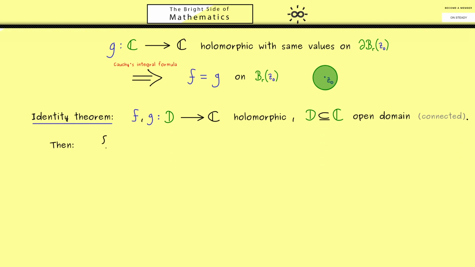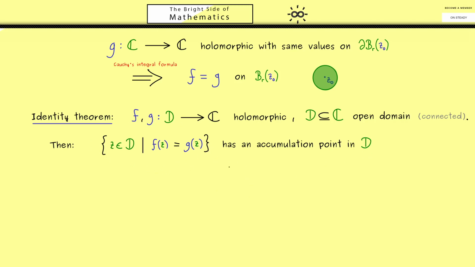So first we look at a set where both functions f and g coincide. So more precisely, we have the set of all points z in the domain D, where f of z is equal to g of z. Now, this one could be a small or a large set in D, before it was just a circle. In fact, it does not have to be large at all. The only assumption we put in here is that it has at least one accumulation point in the domain D. So this is one point in D that has a lot of neighbors that lie in this set.